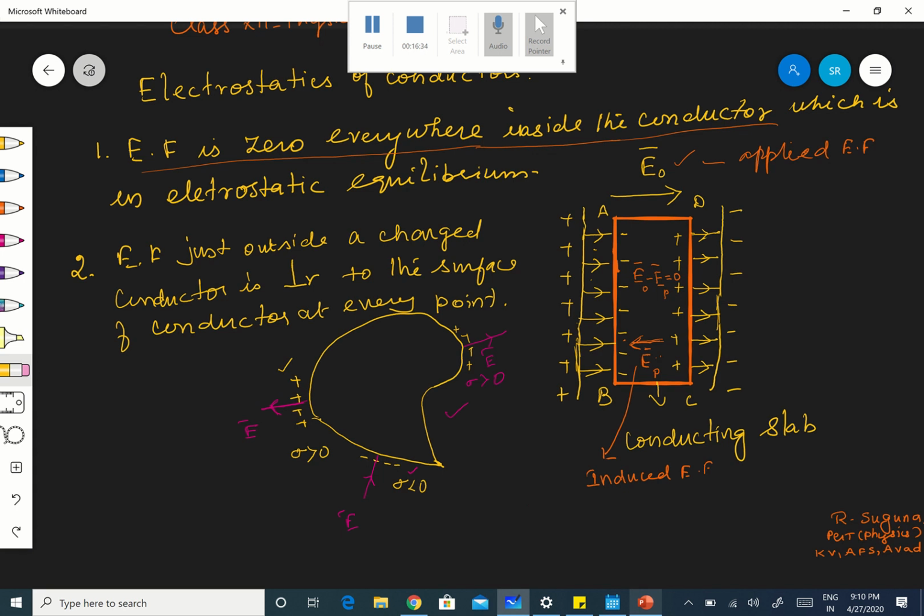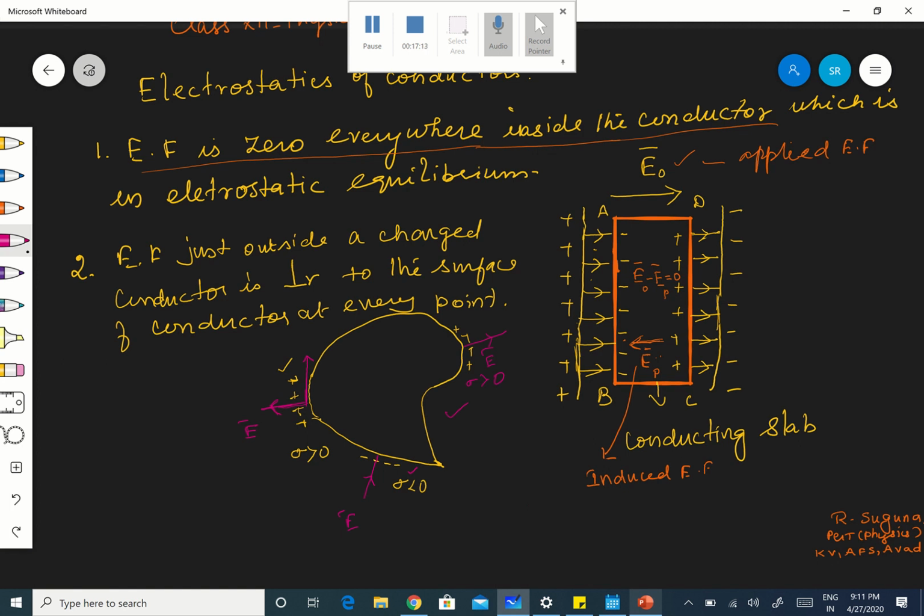Now, once the flow stops, consider the component of electric field along the tangent. Because the electric field is always normal to the surface, what should the tangential component be?